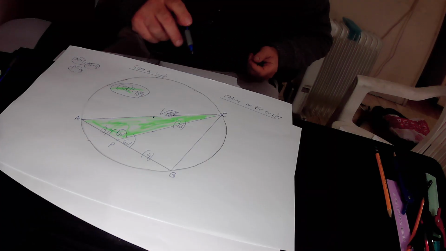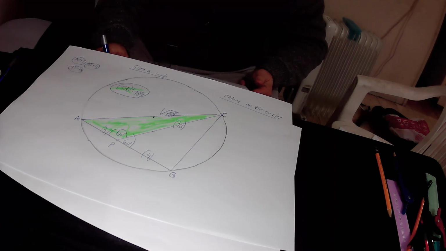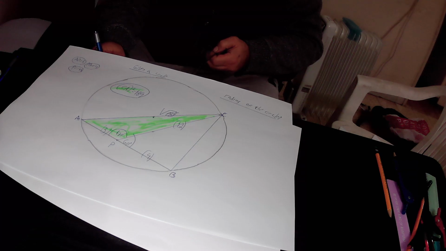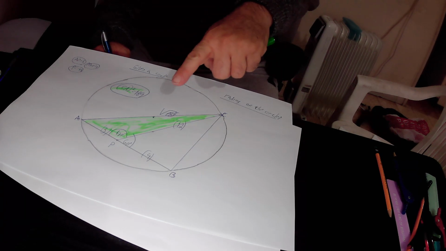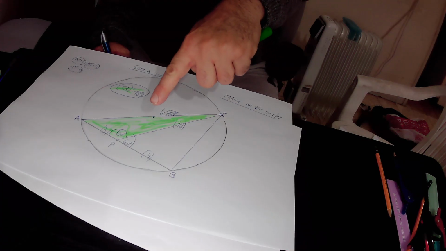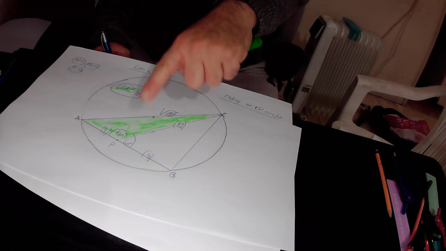In the triangle CPB, according to the law of cosines, we choose angle theta as this angle CPB, which equals 60 degrees in size.